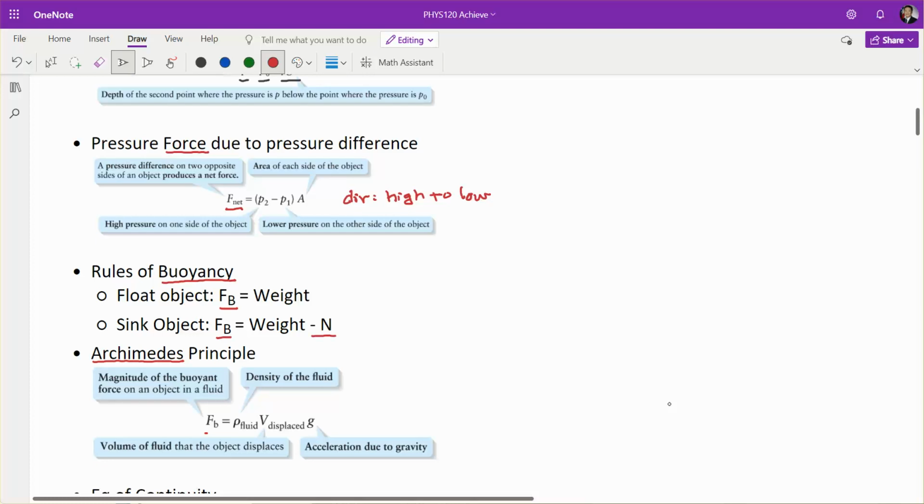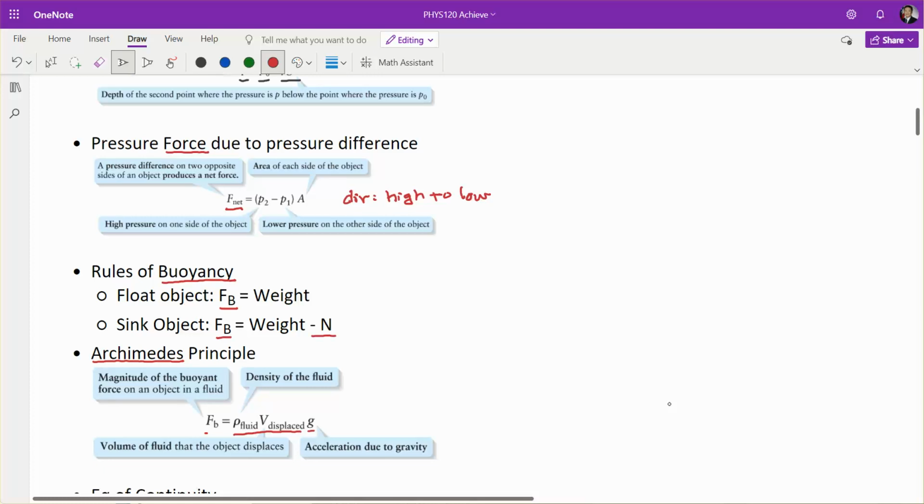You need to multiply by g, so g multiplied by the mass is going to be the weight. And this part, the density multiplied by the volume, is our mass. So the mass times g is the weight, which is the buoyancy force.